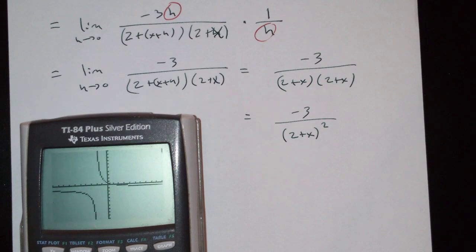Please notice that function has a vertical asymptote at x equals -2. That's where the bottom's undefined.